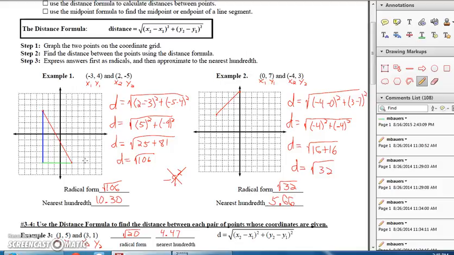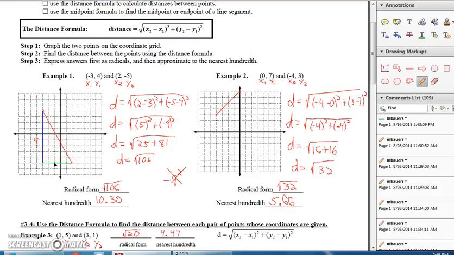If you want to have a way to either check your work or just a little shortcut, when you have the 2 points on a coordinate plane, what you can do is draw in a right triangle. So see how I went down and right to get from this point to this point? We'll count how much these are. This is 1, 2, 3, 4, 5, 6, 7, 8, 9.